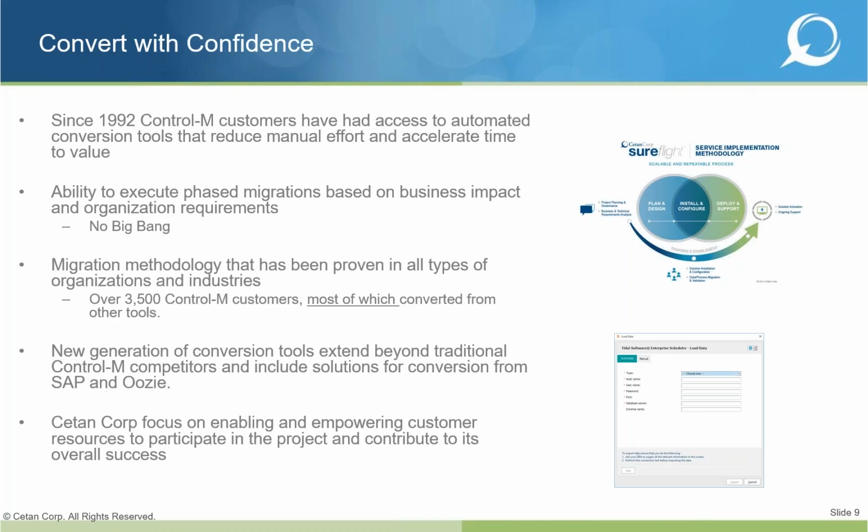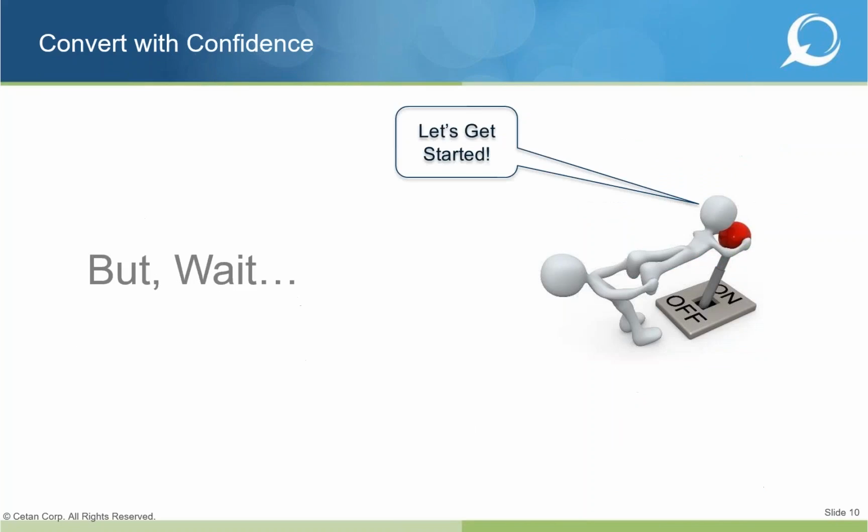Conversion tools are extremely mature, being out there since the early 1990s. The tools themselves are older than some competing job scheduling and workload automation products, but at the same time, BMC continues to invest in those solutions, and the new generation of tools not only do all of the scheduler conversions, but also extend to other areas where you might need to convert workloads, from ERPs like SAP, from big data schedulers like Oozie, and upcoming very shortly will be the ability to convert from managed file transfer solutions once BMC rolls out the new managed file transfer tool towards the end of the summer.